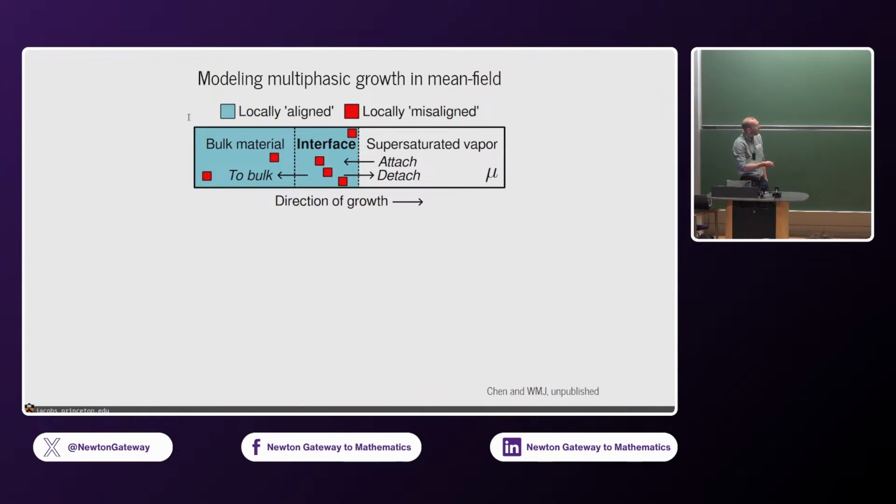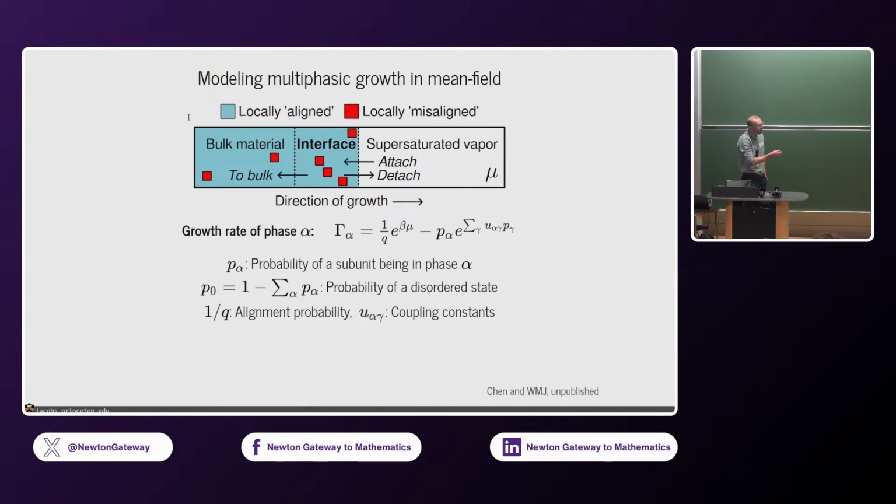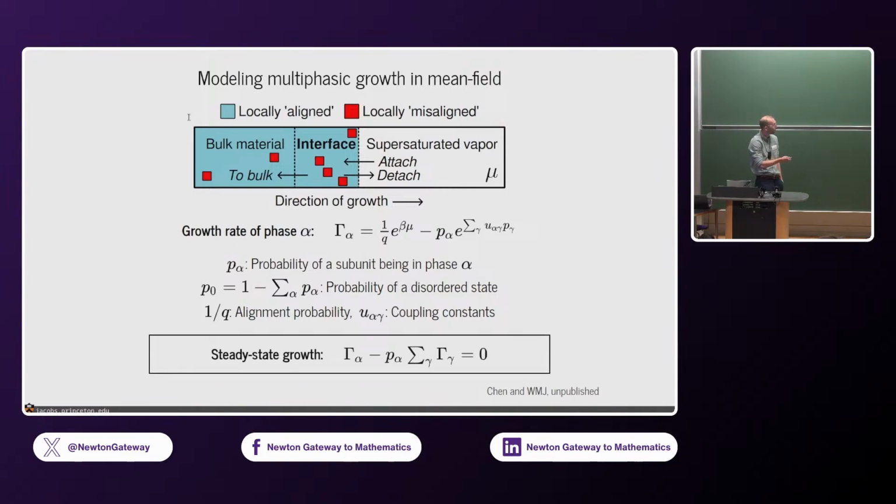Everything interesting is happening at the interface. And so you can define the growth rate of one of these phases as essentially what's coming in from the vapor phase and what would leave through spontaneous detachments. And then I can solve for the steady state in order to develop a dynamical systems model of when this retrieval process would be stable.